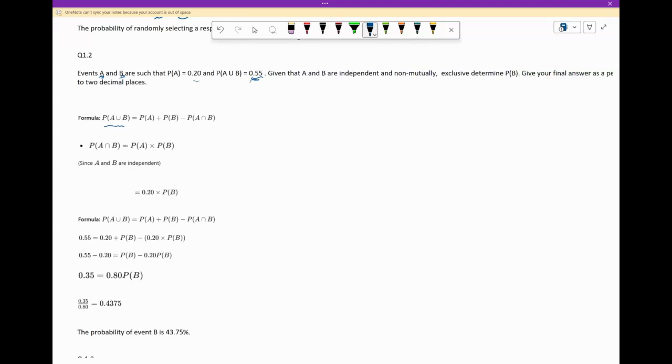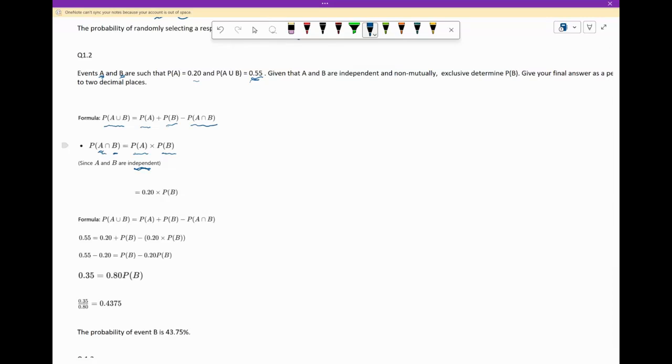So you go back to your formula to say what is the union of A and B, and we know it's the probability of A plus the probability of B minus the intersection. Since they are independent, they don't influence each other, the probability of A intersect B, the intersection between the two, is then the probability of A times the probability of B. In other words, when we say and, we are saying times.